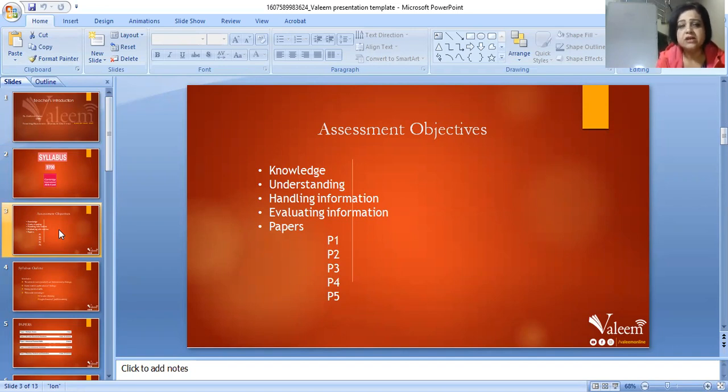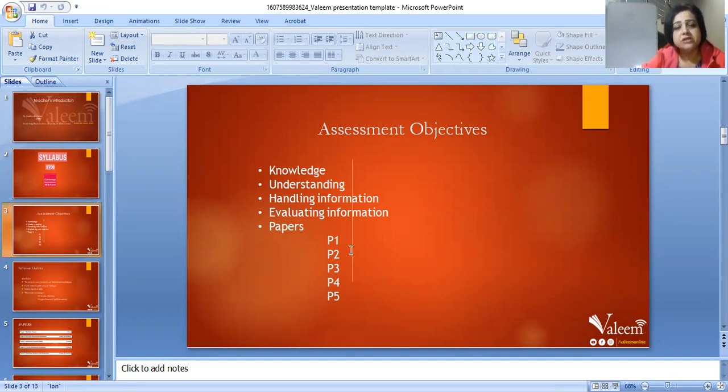Then similarly, evaluating information, because in biology, they sometimes give you a detailed passage or a long data. You need to focus on that data, you need to analyze it, and then you need to write down the answers. This is more commonly seen in paper 5.